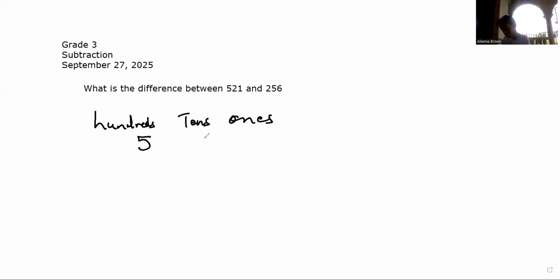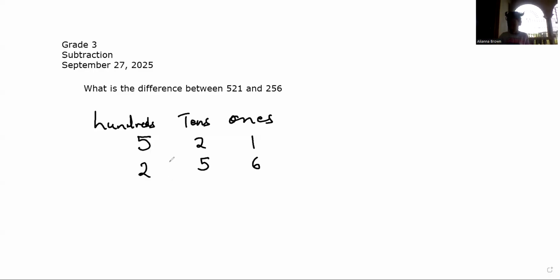So the 5 goes under the hundreds place, the 2 goes under the tens place, and the ones go under the ones place. Sorry. And the 2 goes under the hundreds place. The 5 goes under the tens place, and the 6 goes under the ones place.